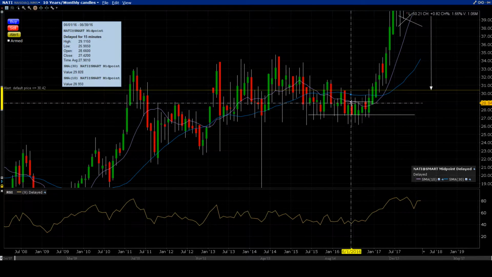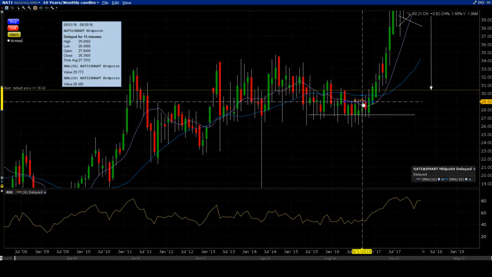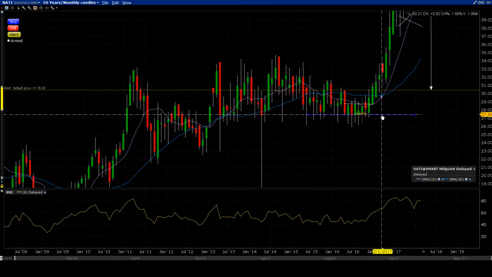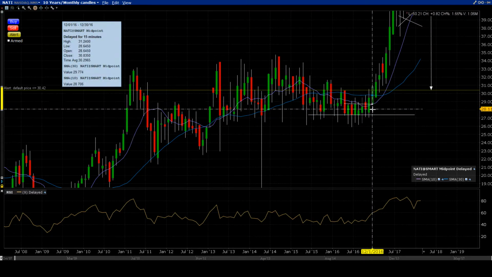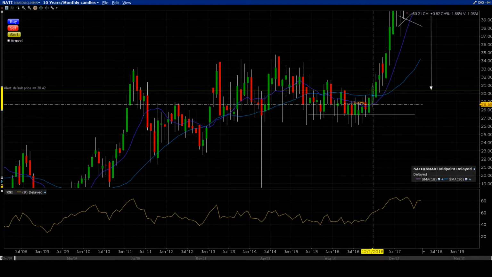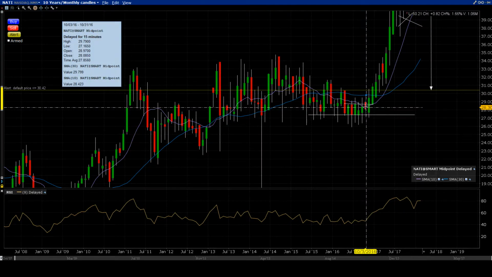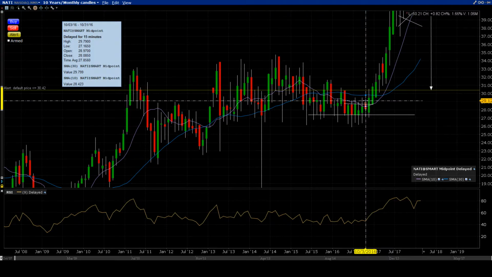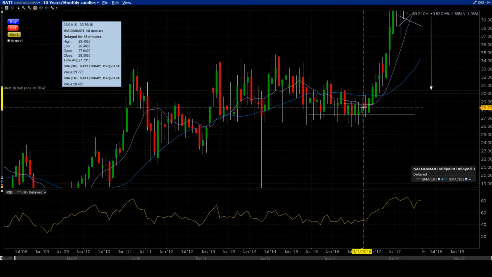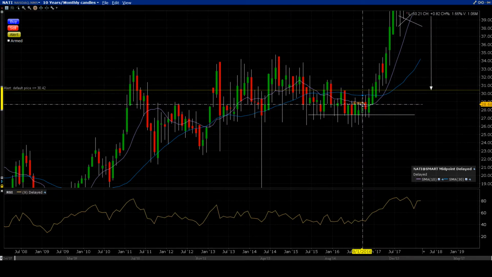What I don't like is there's not enough tests of this. I would have had it more like this, but this red candle that opened above the breakout line, but the price reverted, came all the way back in. It kind of messes that up.